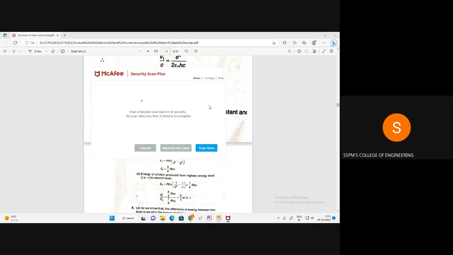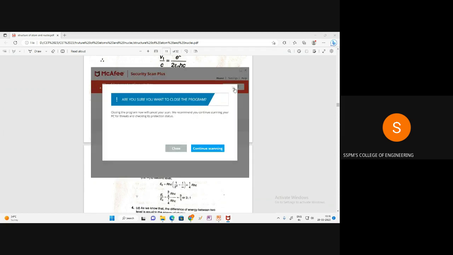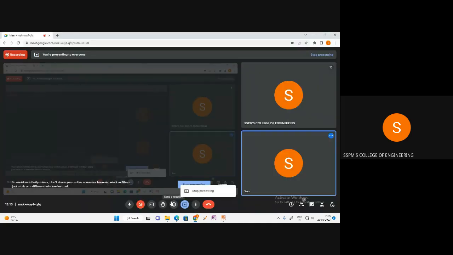That means n2 equals 2, n1 equals 1, and therefore that expression is coming as E equals Rhc.